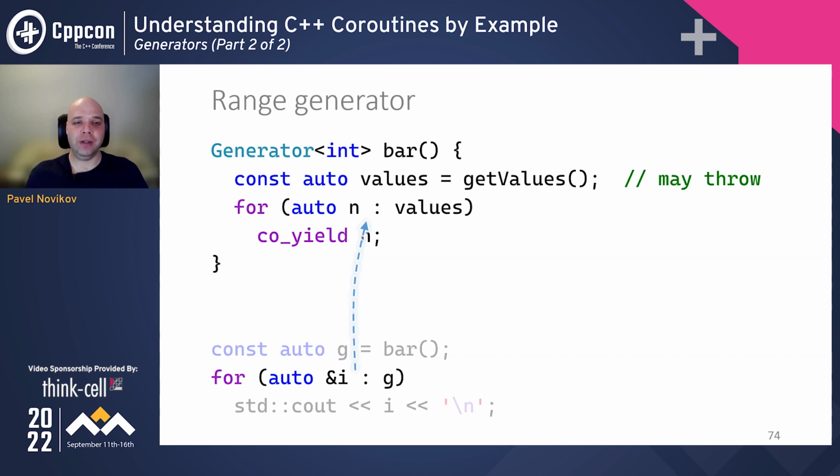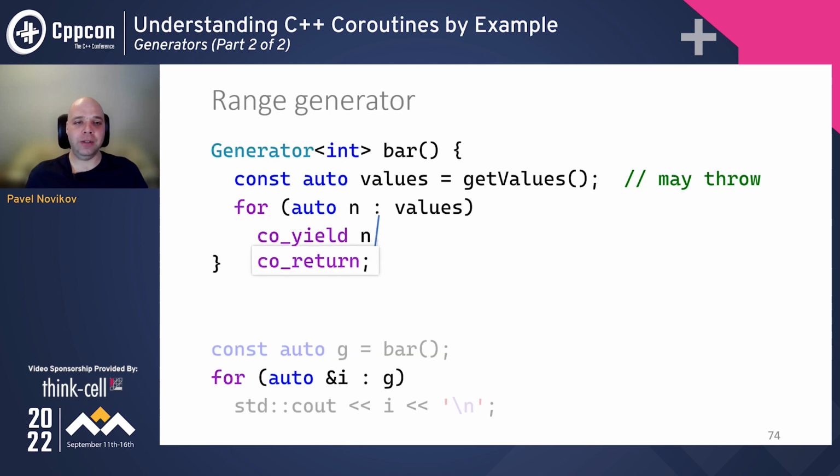Let's suppose we successfully got values. We start to loop over values and yield each value. So in this case, when we first ask for a value from the generator, we resume the generator, get inside the generator, yield the next value, then go back, use that yielded value, then go back, yield another value, back and forth. And eventually we run out of values, in which case we exit the loop.